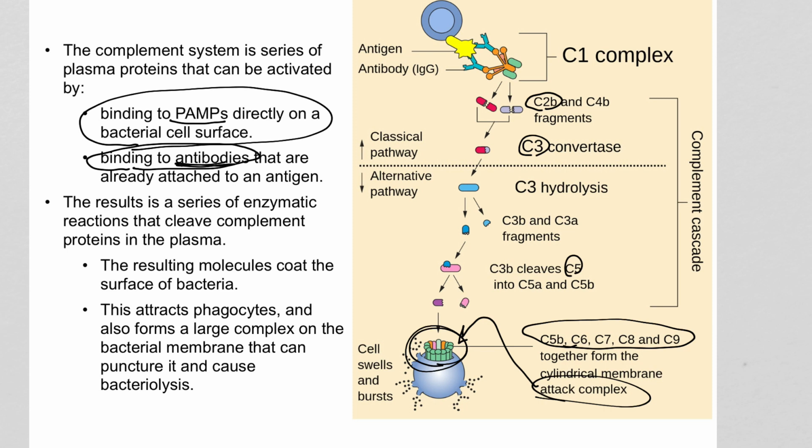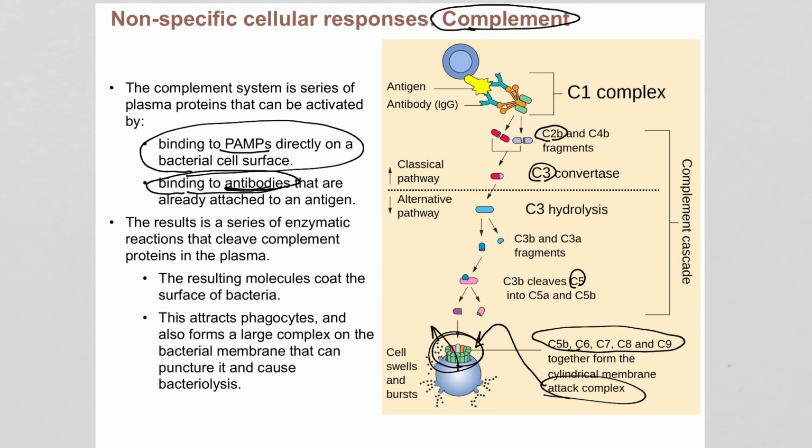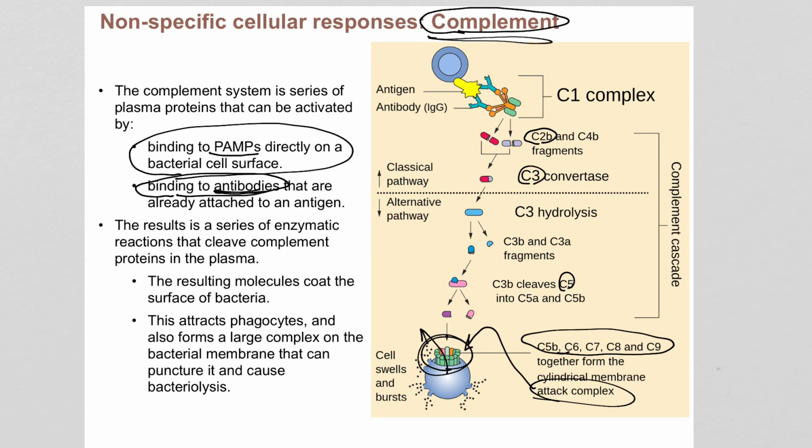Forms pores in the membranes of bacterial cells or other pathogens, and makes their cytoplasm leak out, and so it can kill bacterial cells directly as well. All right. Okay, so complement is most effective for bacteria just because they have more pathogen-specific molecules, and they have cytoplasm that can actually be damaged by that attack complex.